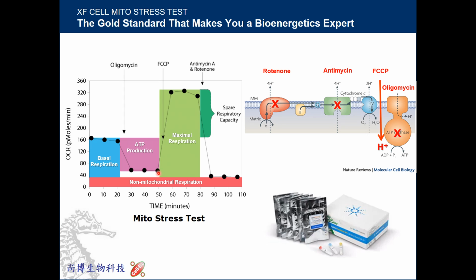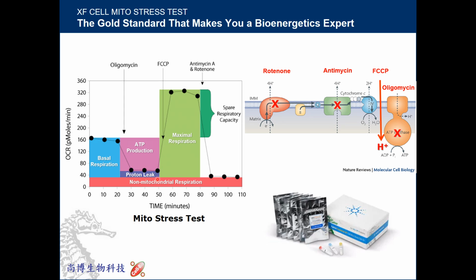But why do we still have oxygen consumption? It means your proton does not come from the ATP synthesis. It comes from the leak of the mitochondria inner membrane. So we call this proton leak.